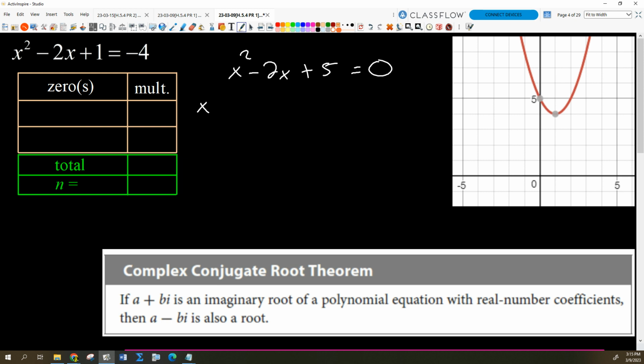So let's review that. x squared minus 2x, I'm going to chase the 5 to the other side. And what am I going to add to both sides? Negative 1 squared, half of b squared. I'm going to write it as negative 1 quantity squared on the trinomial side.